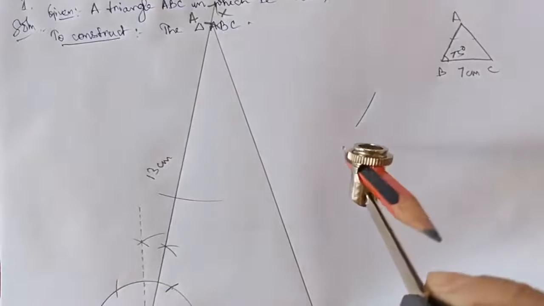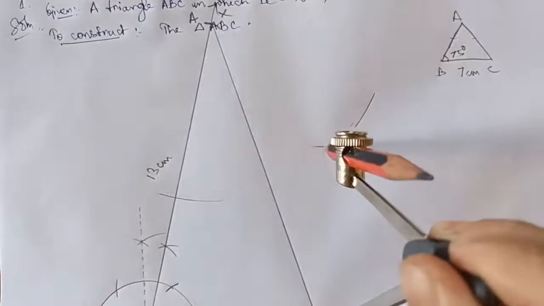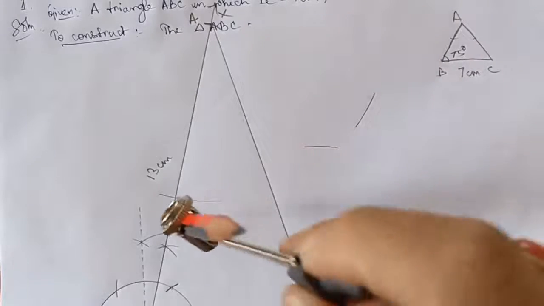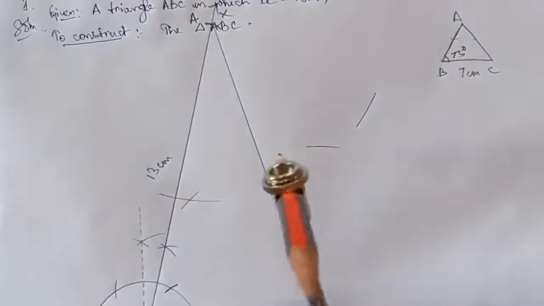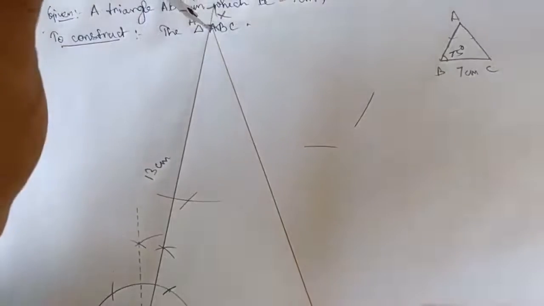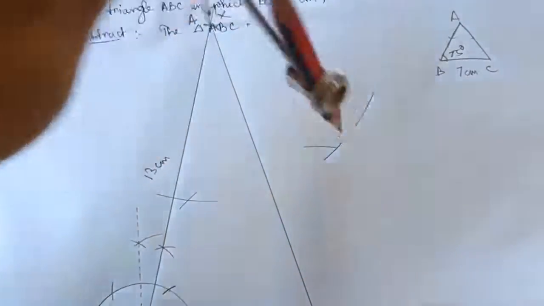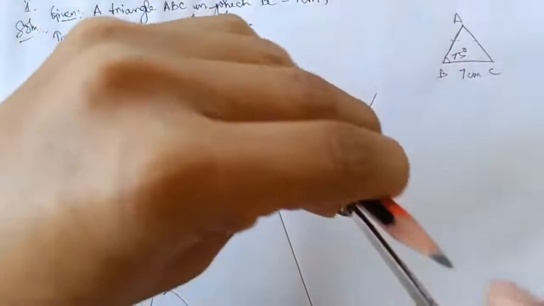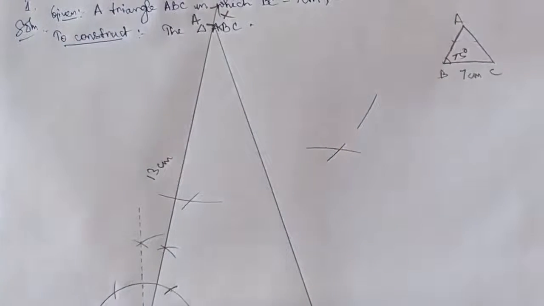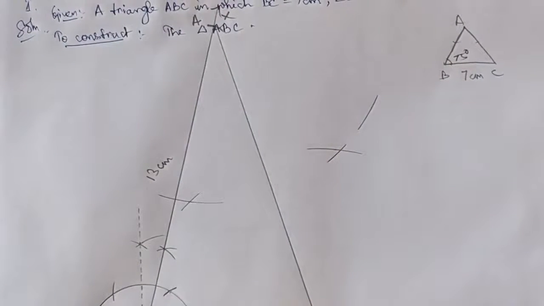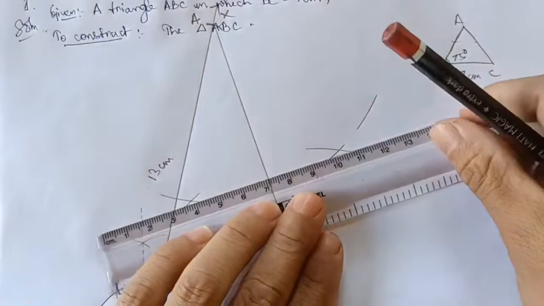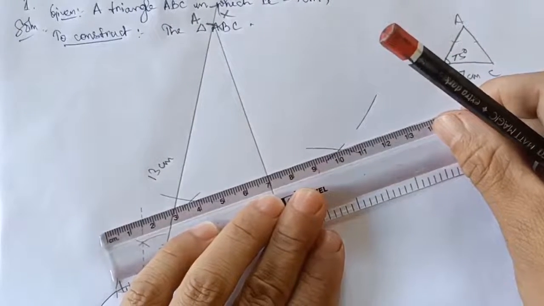And again with center C, let us draw arcs intersecting the previous arcs on both sides of the side AC like this. Now let us join these two intersecting points.